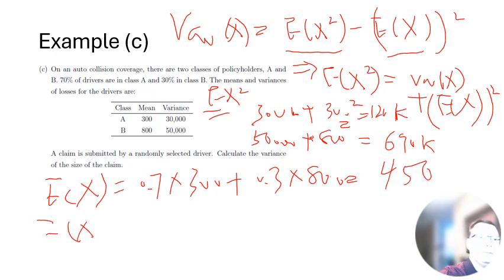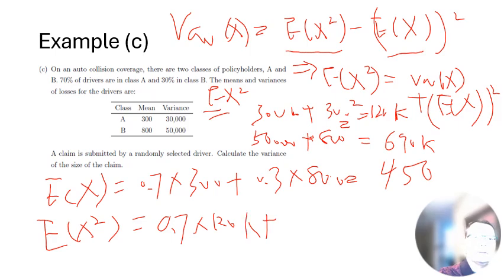Ex squared can similarly be calculated as 0.7 times 120k plus 0.3 times 690k, which is 291k.